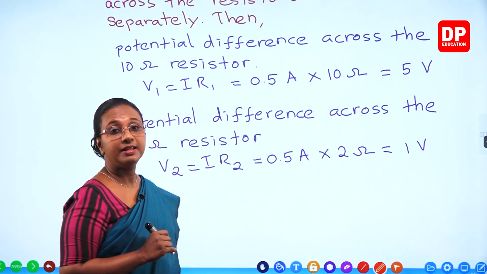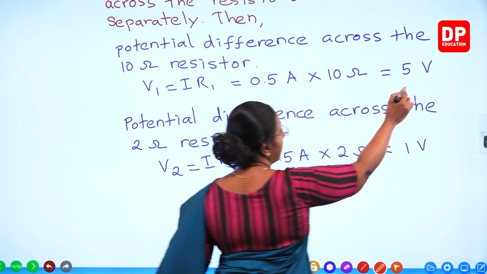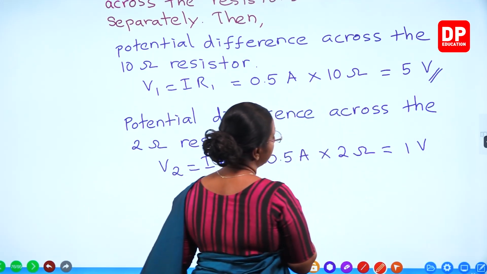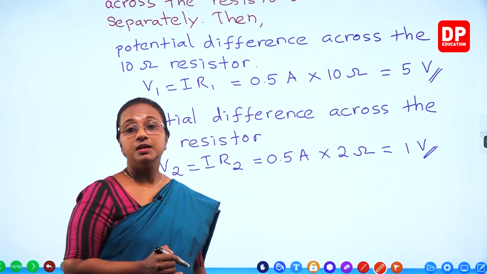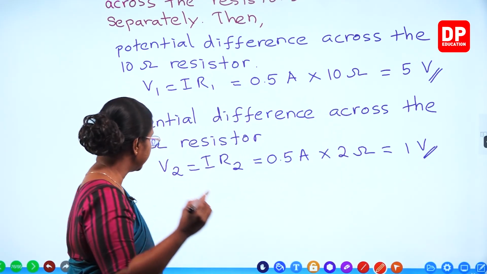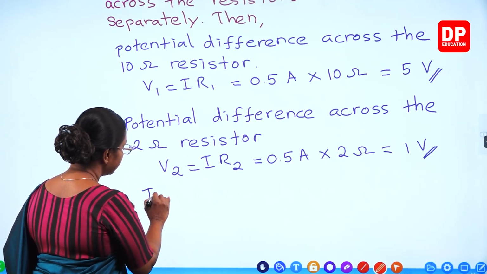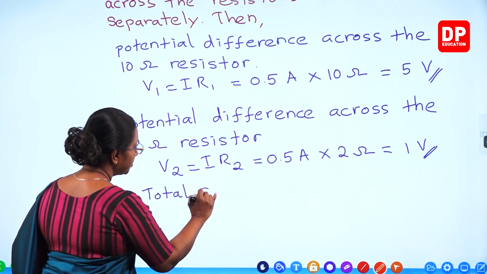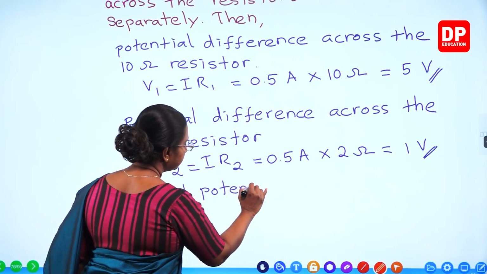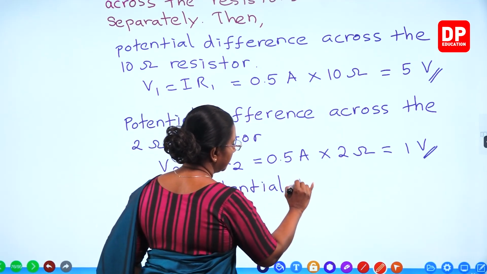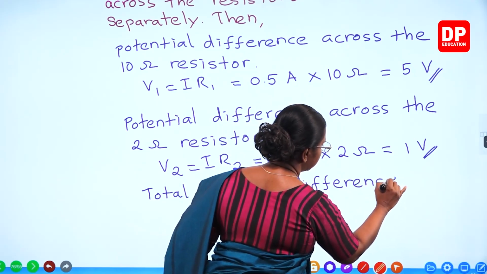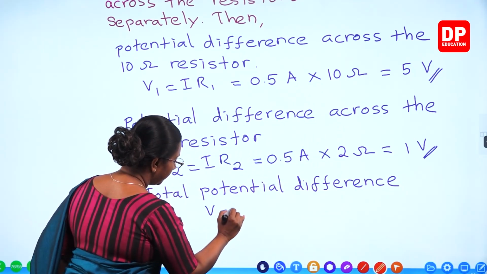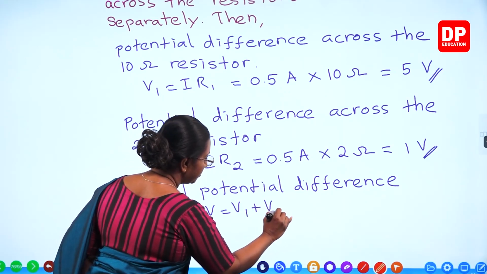So can you all look at the values? 5 volt across the 10 ohm resistor, 1 volt across the 2 ohm resistor. So what is the total potential difference? V equals V1 plus V2.